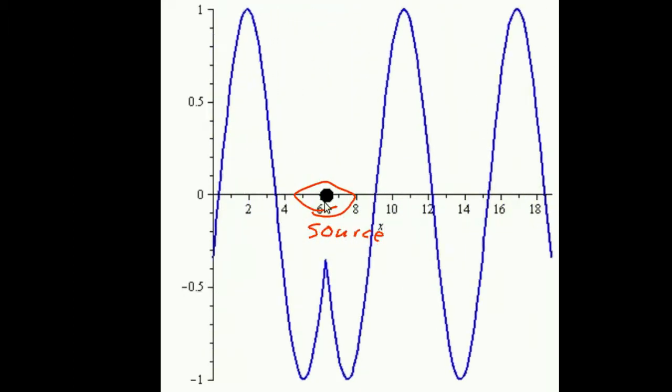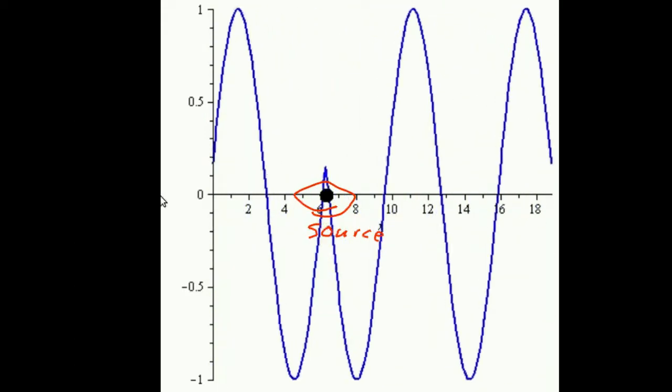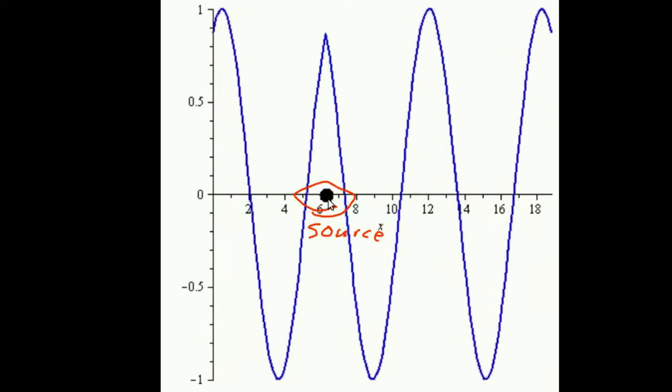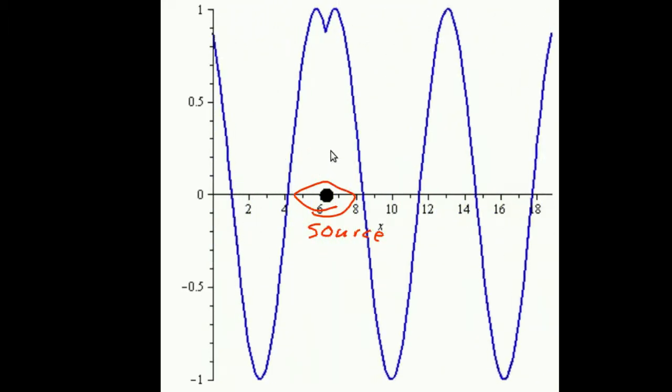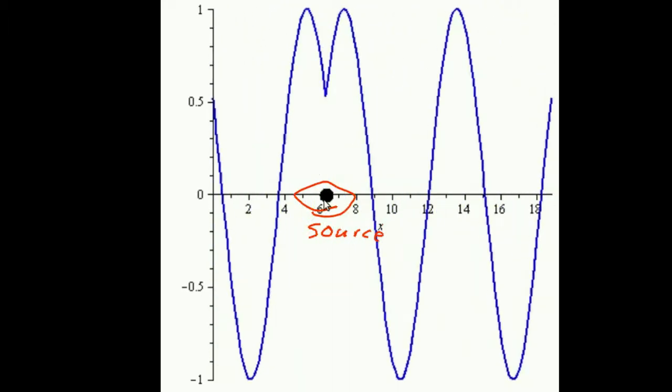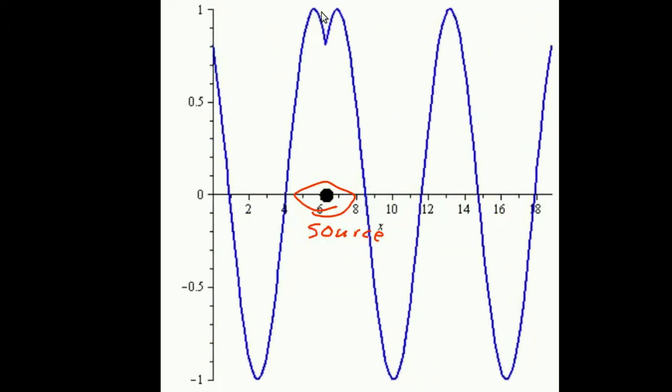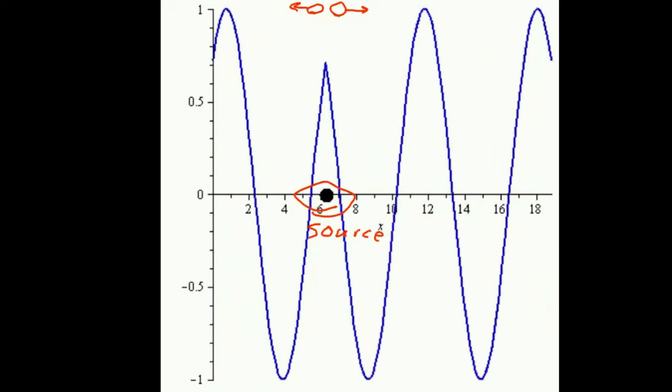And so this could be a speaker, or since this is one dimension we're showing, perhaps this is a rope, and this is a point on the rope that we are holding and shaking up and down. And so each time we shake it up, a crest is formed, and that crest then travels in both directions. And so we get something that looks like this.